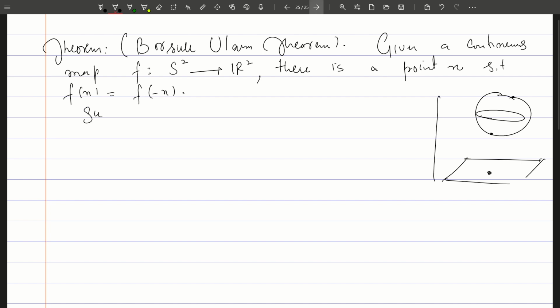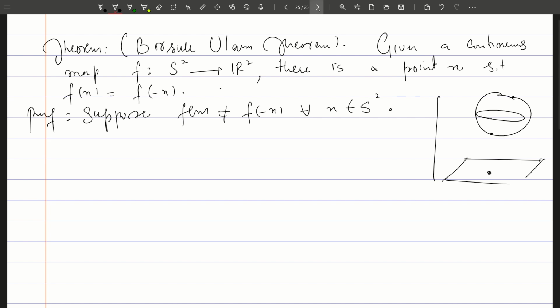So this is the proof. Suppose f of x is not equal to f of minus x for all x in S2. So we assume that there are no pair of antipodes which are mapped to the same point.